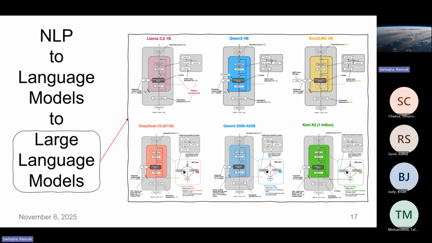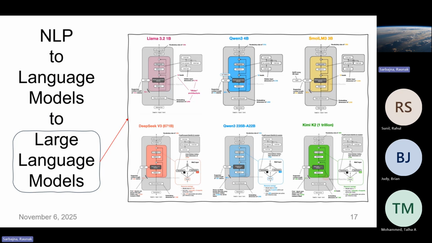But these are all other fairly large models. This image is already out of date, because Qwen 3 is already out of date. DeepSeek version 3 is already out of date because they have come up with a new architecture. So everything I tell you in this field is probably out of date as I'm telling you this. That's why I'm telling you the fundamentals of how this works.